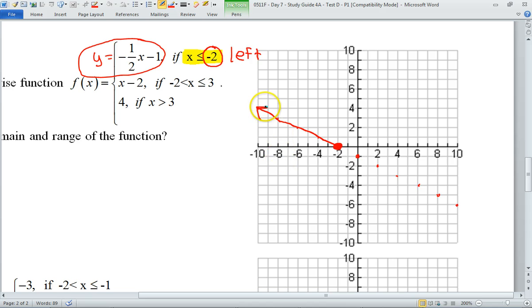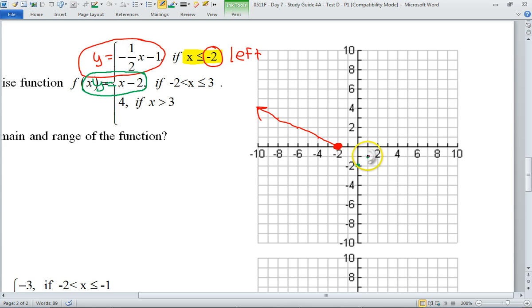Any questions so far? All right, now I can erase the extra dots that I don't need. So that's the first piece. Now here comes the second piece. I'm graphing the line y equals x minus 2. I start with negative 2 for my first dot. And then I have x, so that's 1 over 1.